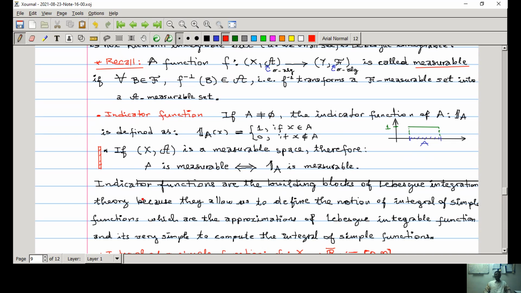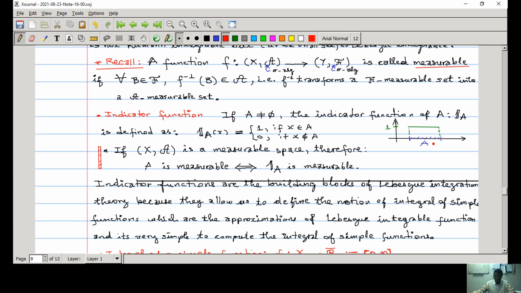And why do we need this indicator function? Because they are the building blocks to define a Lebesgue integral, right? Because as you can see, look at this one. From the Riemann integration theory, for this indicator function, you can already find the integral, right? What will be the integral of this? It will be the length of that, because in Riemann you say it's the area below the curve, right? So this area, what is it?